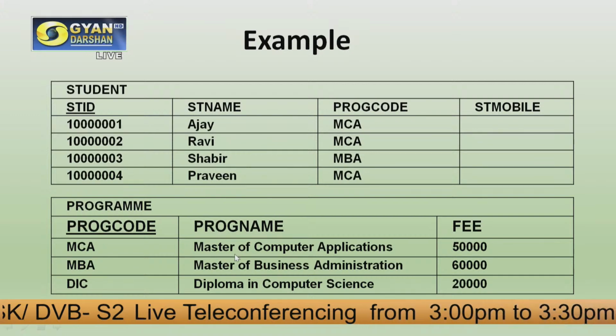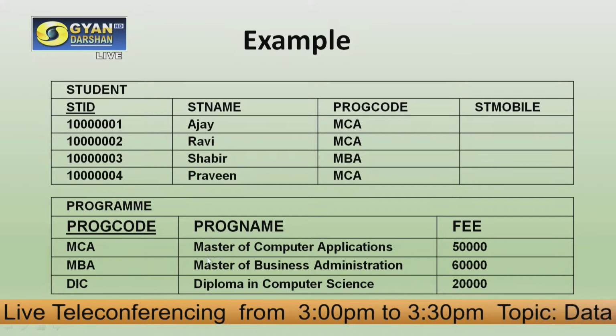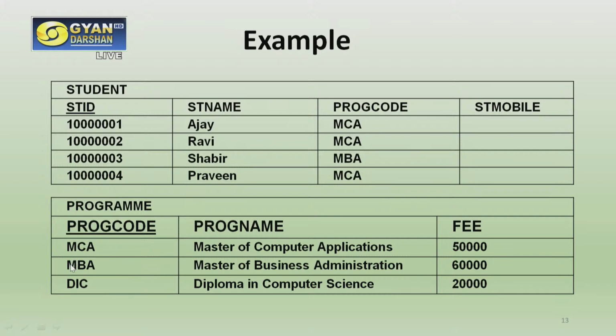The second referential action which we mentioned was cascade. If cascade had been the action, then if I delete this particular record from the program table, it will remove the related MBA records, all the students' related records from the student table. So this referential action is really very dangerous. We have two referential actions.